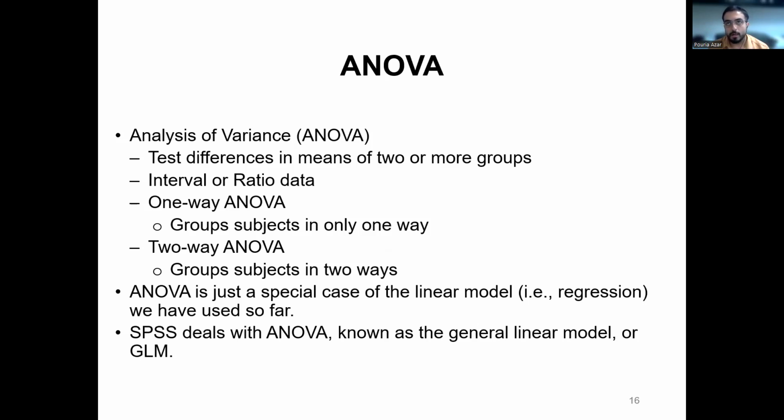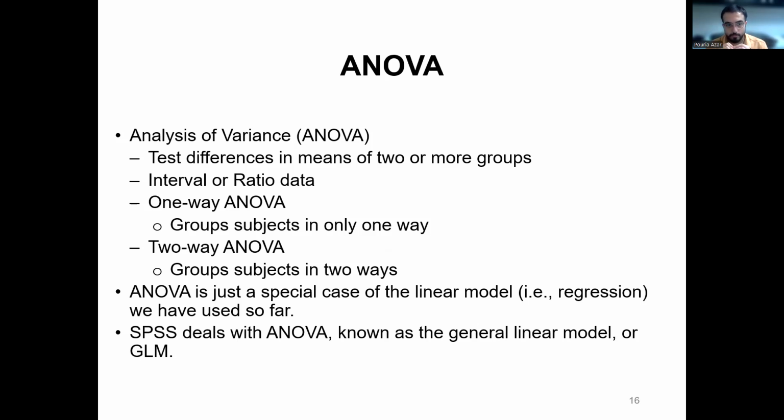For ANOVA, our dependent variable should be either interval or ratio. If our dependent variable is not interval or ratio, we can use the non-parametric version of ANOVA, which we will talk about later. As I said, there are different types of ANOVA, one-way and two-way, but here we are gonna focus on one-way ANOVA.